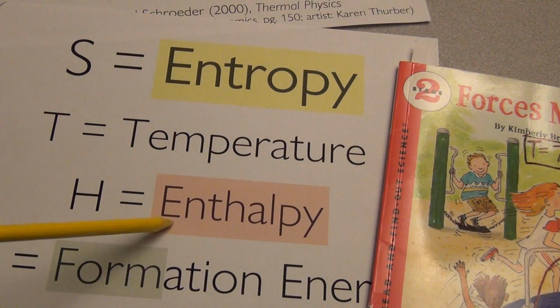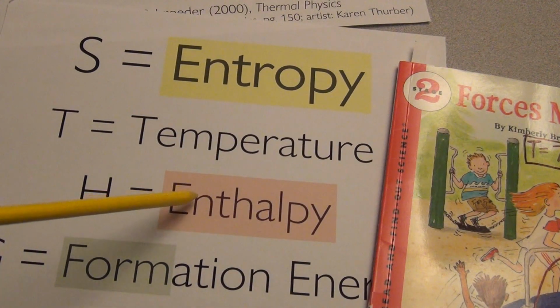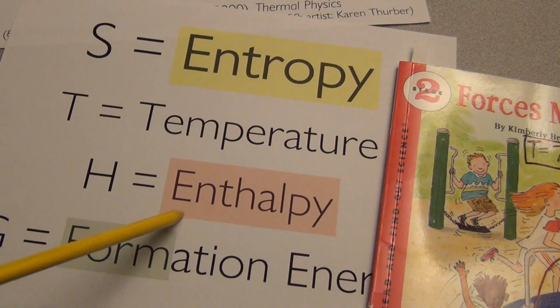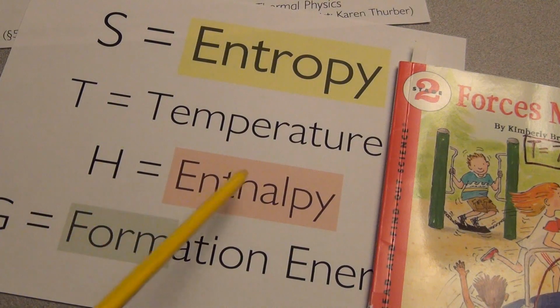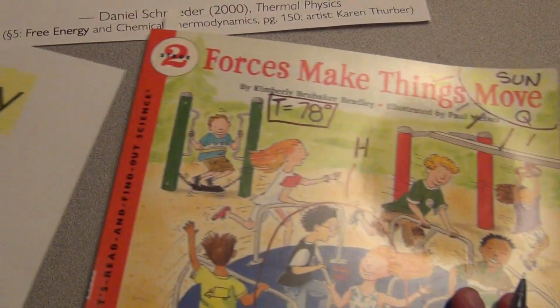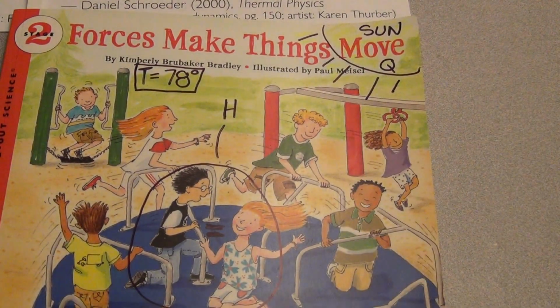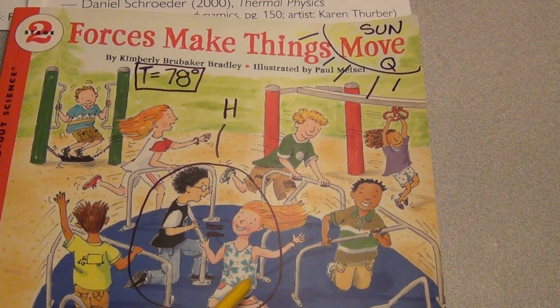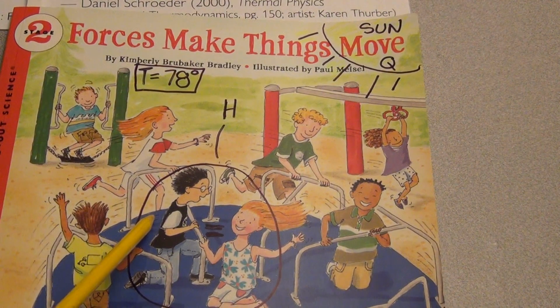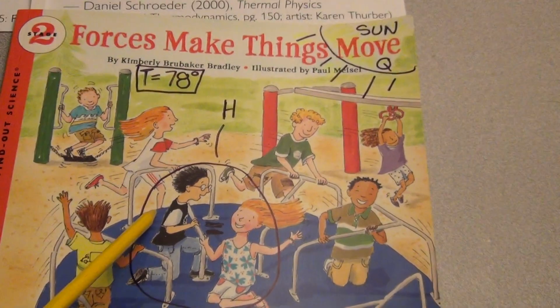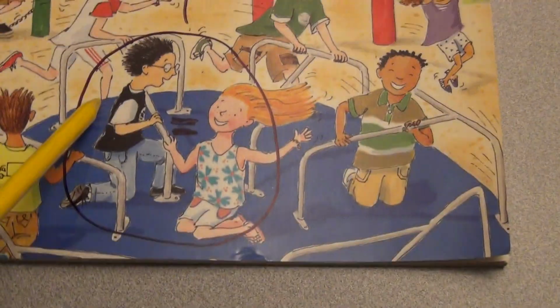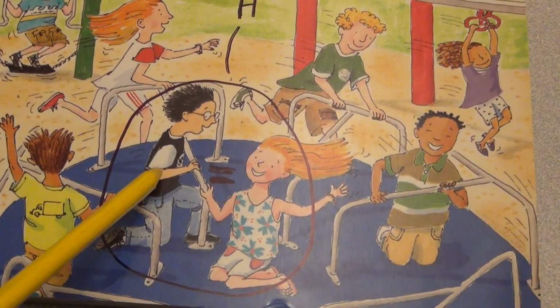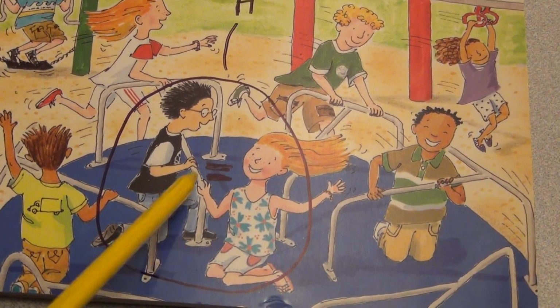H is what's called the enthalpy, and that means heat content. This is a new word, and it has to do with the bonds that you form with your friends. So right here in the middle we have this boy and this girl look like they're close friends.